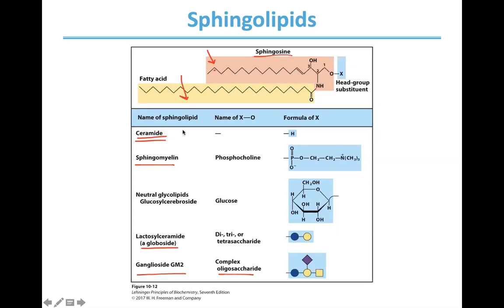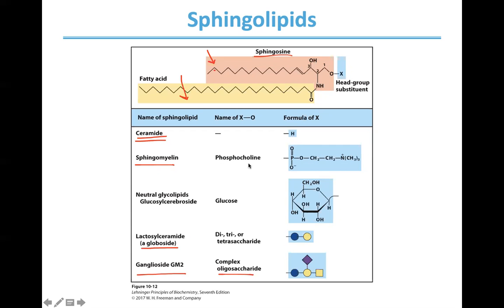Now, if you add this fatty acid, making an amide on the nitrogen, without the head group, the head group is still missing, so this will be ceramide. A ceramide is the full backbone of this sphingolipid without the head group.